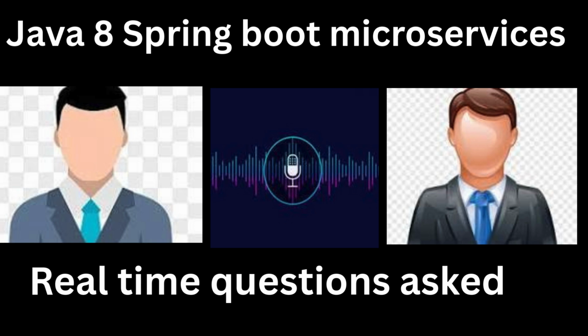Encapsulation and abstraction are OOPS concepts. There are four concepts in OOPS: encapsulation, abstraction, inheritance, and polymorphism. In encapsulation, methods and variables are used as a single unit.